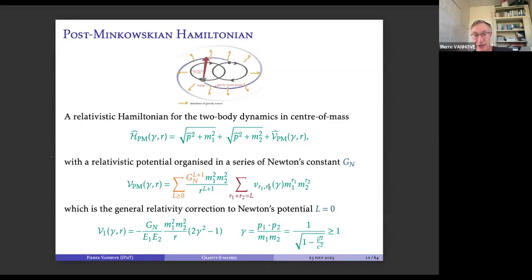So in fact, you just have this simple factor, but of course, at higher orders in G Newton, the difficulty is to compute exactly what V gamma is.